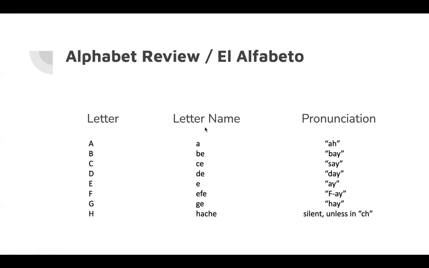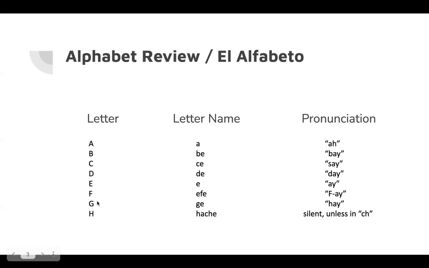We have D, the letter name is Day, pronounced like the English word. We have E, the letter name is E, and the pronunciation makes more of an A sound. There's letter F, pronounced FA, just like the English F and then A.